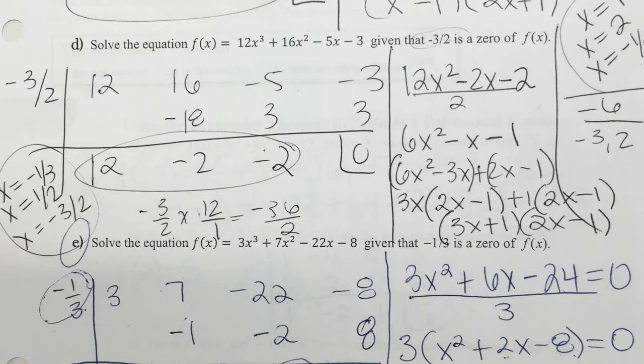All 3 have something in common. So, for example, on this one, it's 2. This one didn't have anything.